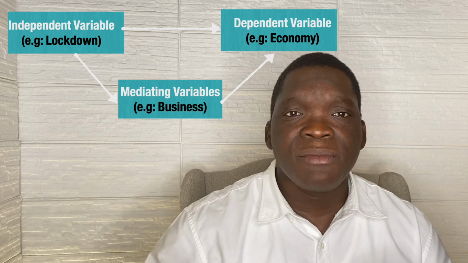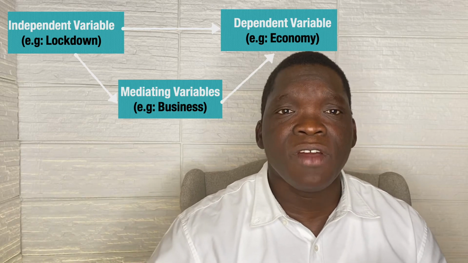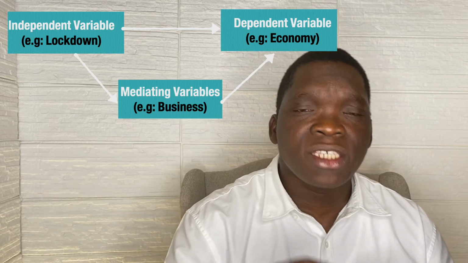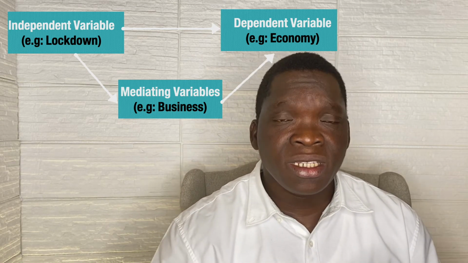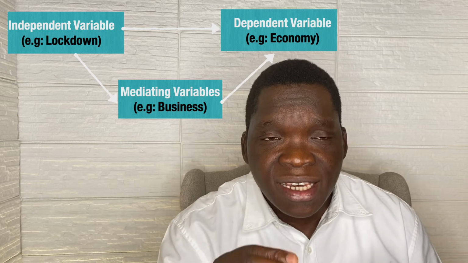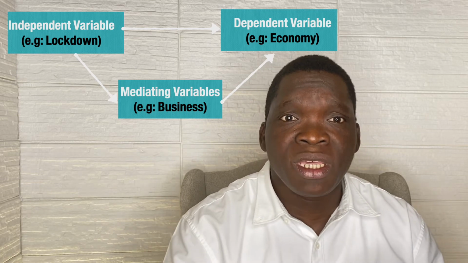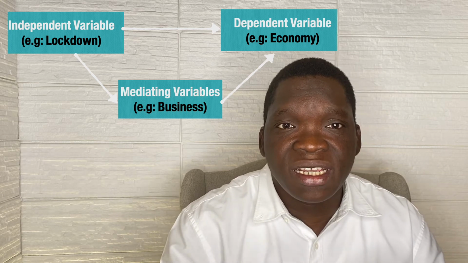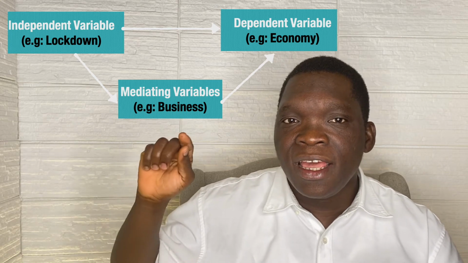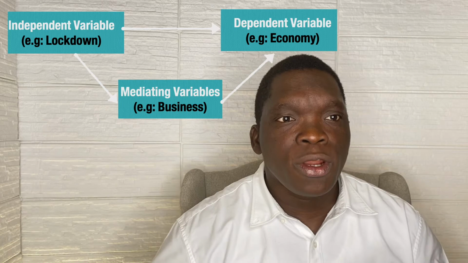So we can say business activity, like the independent variable, has influence on economic development. So when we bring the three of them together, we can see that business activity can also be the explanatory variable, or the explanation of the reason behind the influence of lockdown on economic development.